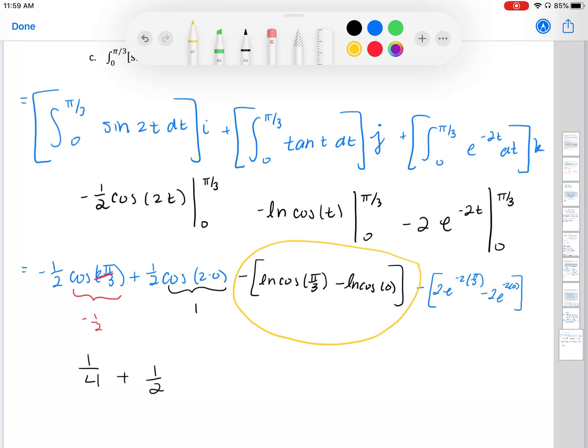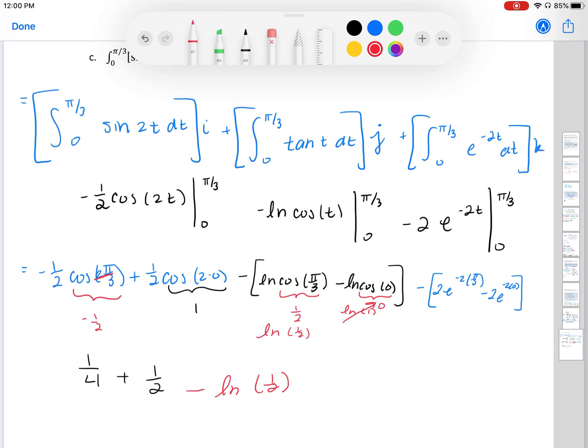If you're following my notes and the book, there is a typo there. Cosine at 0 is 1, so we have ln of 1, which is just 0. And here we have cosine at pi over 3, which is 1/2. So we're left with minus ln of 1/2. Your book has ln of 2. That's a typo.